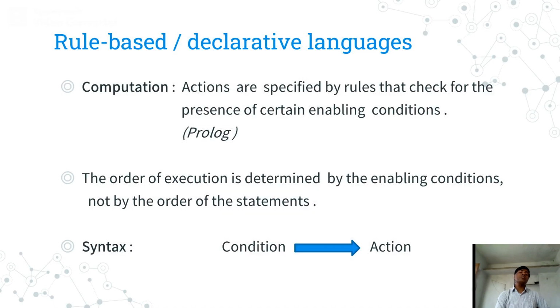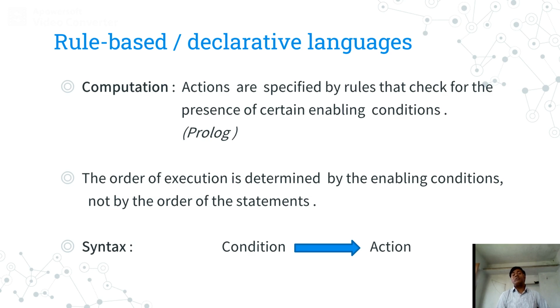In rule based or declarative languages, computation actions are specified by rules that check for the presence of a certain enabling condition. An example is Prolog. That means if a condition is true, then a particular action will be performed. So these are called rule based or declarative languages. Every statement has some condition and then some action is performed. The order of execution is determined by the enabling condition, not by the order of statements.